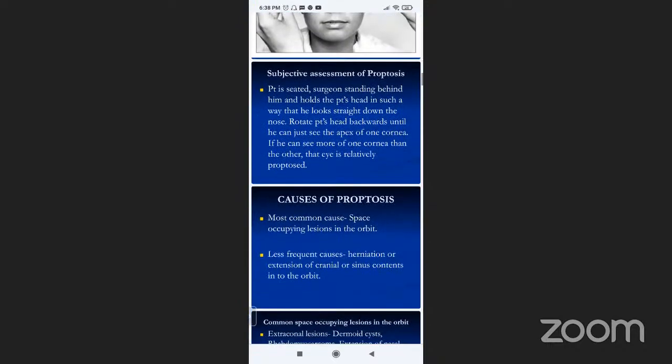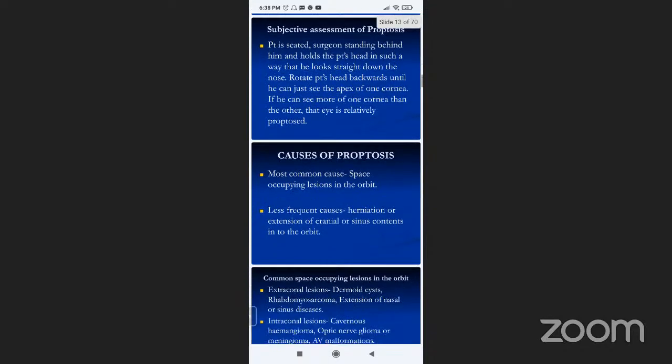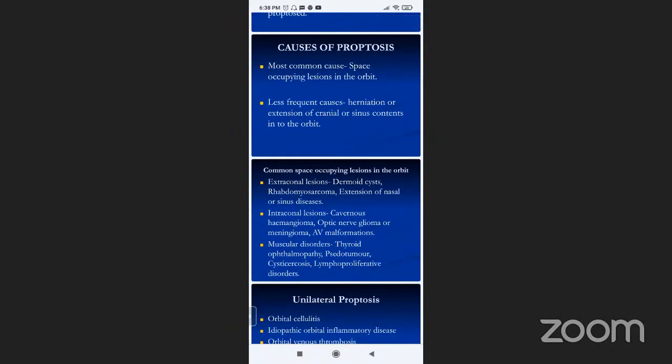Then coming to causes of proptosis, common causes are space occupying lesions in the orbit. Other causes include herniation of tissues from the maxillary sinus as well as the anterior cranial fossa. Then what are the extraconal lesions which produce eccentric proptosis? What are the intraconal lesions which produce axial proptosis?